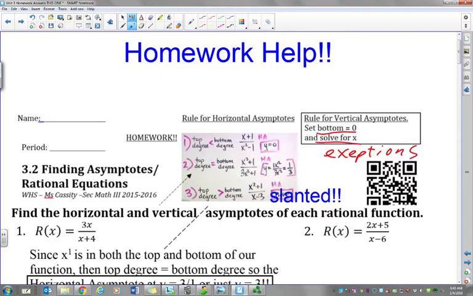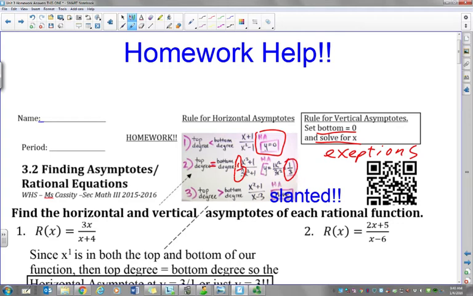Now the horizontal asymptote has 3 rules to it. If the top degree is less than the bottom degree, then the horizontal asymptote is just y equals 0. If the top degree is equal to the bottom degree, then it's just the leading coefficients in front of those x squareds or x cubes or x to the first power, like 1 over 3, so in other words, 1/3.